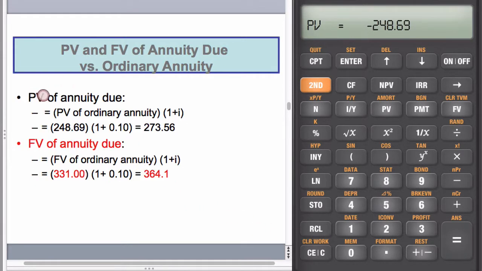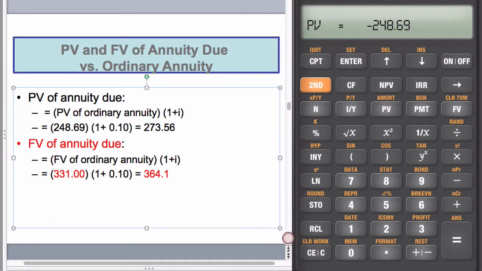One is, if you've already calculated, like we did in the previous slides, the present value and future values of the ordinary annuities, not the annuity dues, then you can multiply it by the 1 plus i factor, and in both cases you're going to get a higher terminal value, because the payment is existing for one extra time period. So in this case it is 1 plus 0.1, and you multiply that by 248, you get 273.64.